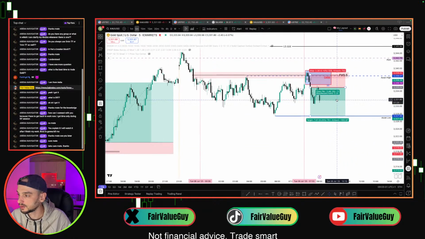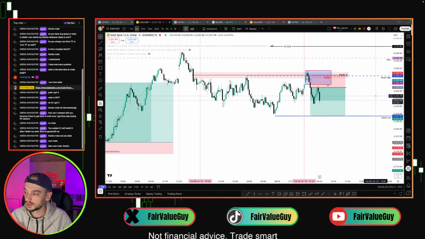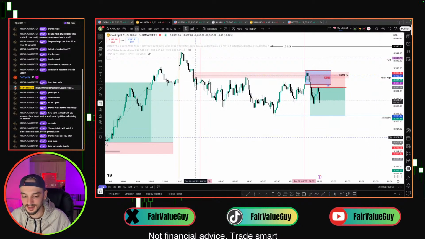This trade is still running good. It will take us to break even, but this was our opportunity to re-enter, maybe here. Maybe it was a good idea to re-enter here.